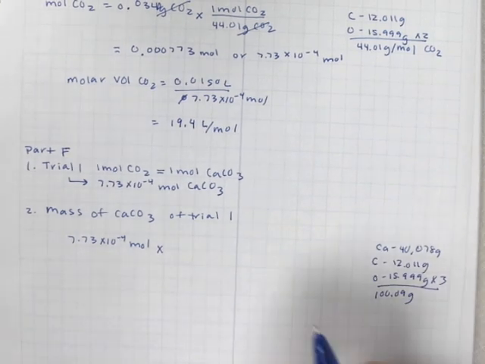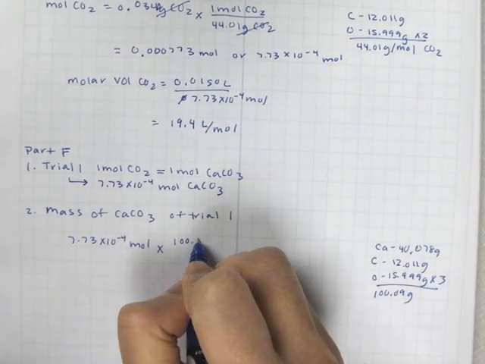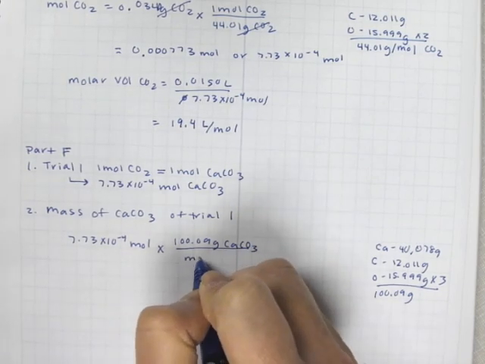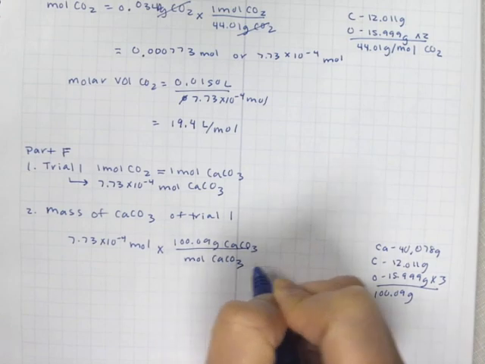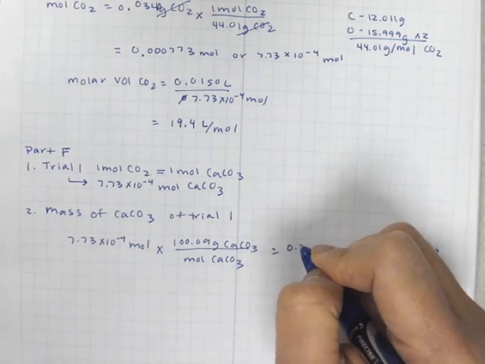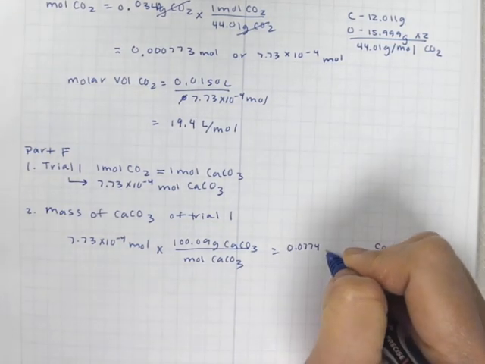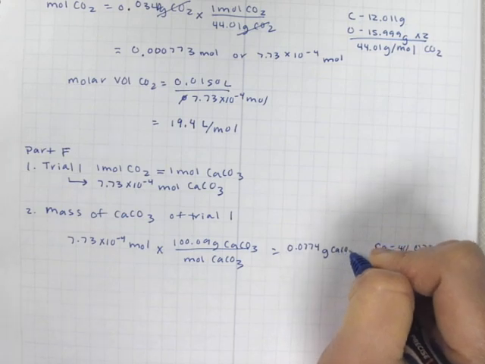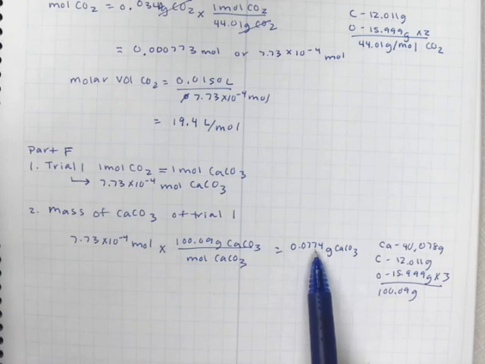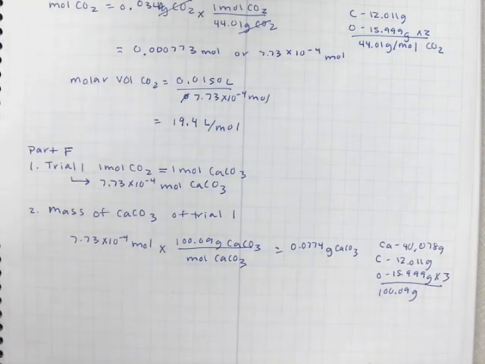The mass is 100.9 grams per mole. So the total here is 0.0774 grams of CaCO3. That's for trial 1, and you can do that again for each of the samples and then total up the number for the whole tablet for all 3 of these.